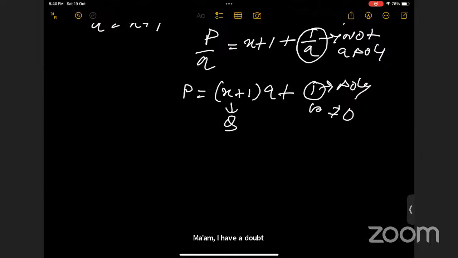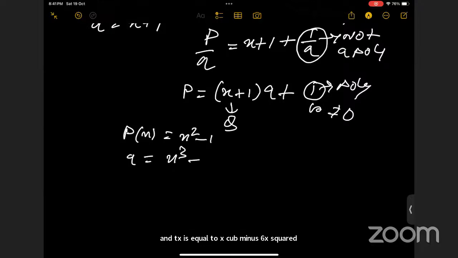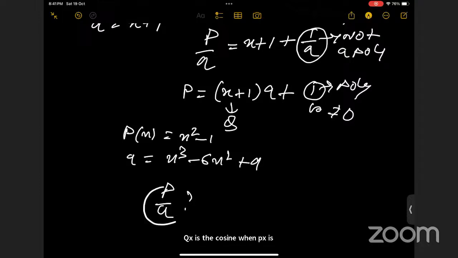Consider a polynomial where p(x) is equal to x square minus 1 and t(x) is equal to x cube minus 6x square plus 9x divides p(x). q(x) is the quotient when p(x) is divided by the polynomial z(x) equals x plus 1 plus x s(x).